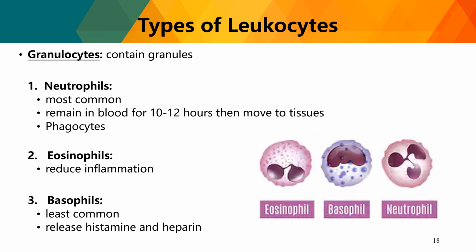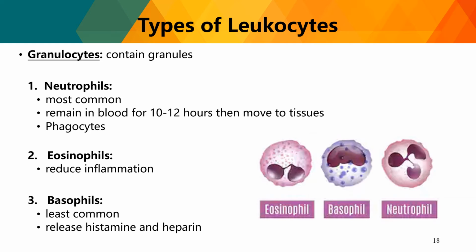So the types of the leukocytes, again, we have the granulocytes, which contain the granules. So the first type would be the neutrophil, which is the most common one. It remains in the blood for around 10 to 12 hours, then moves to your tissues. And they actually have the ability to phagocytize, or to eat up other components found in your body.